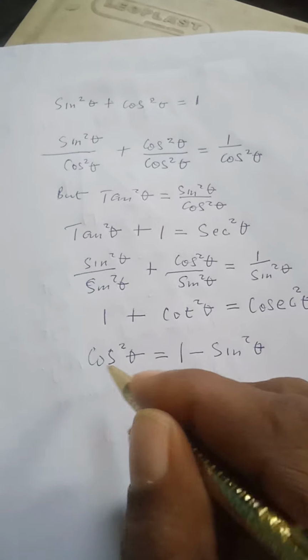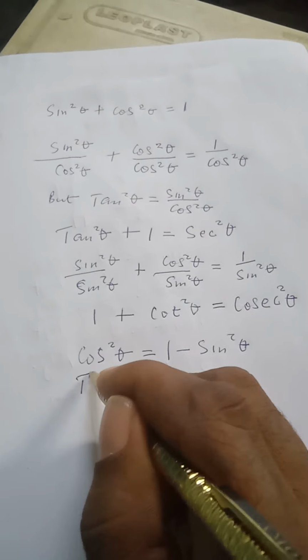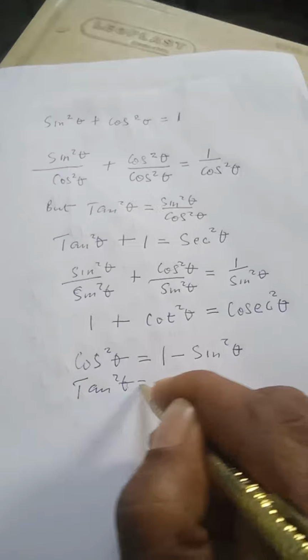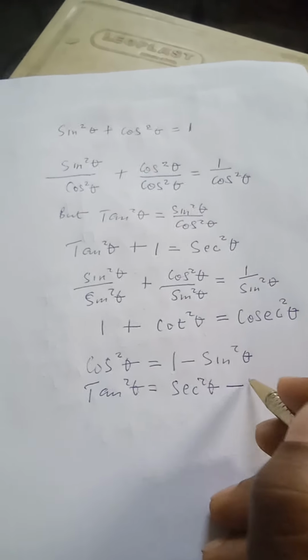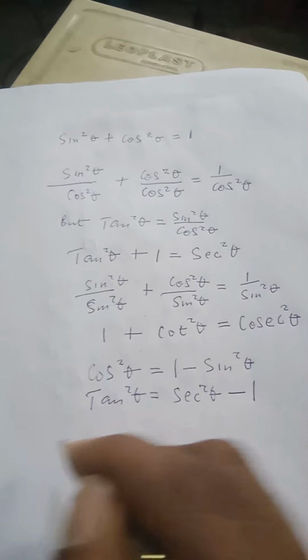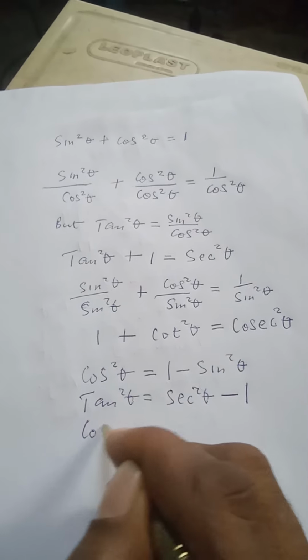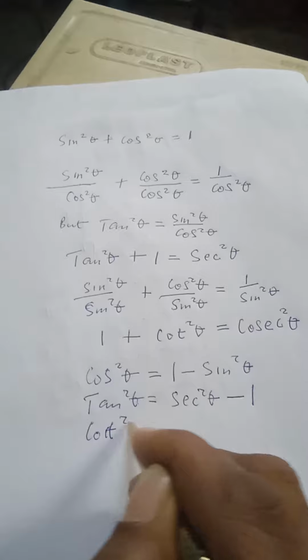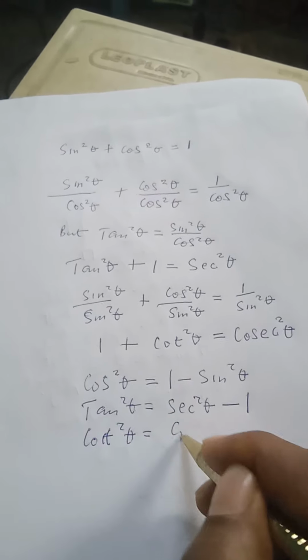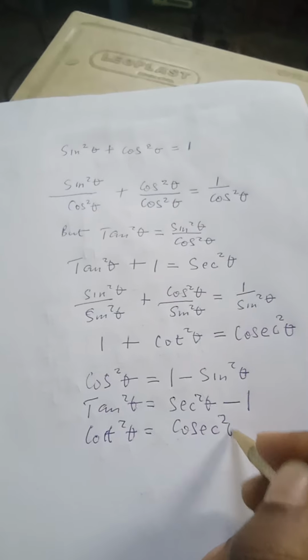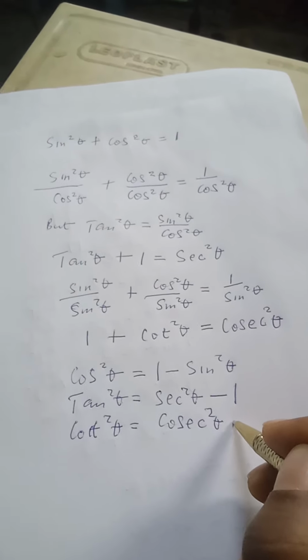And we can also say that tan square theta is equal to sec square theta minus 1, and that cot square theta is equal to cosec square theta minus 1.